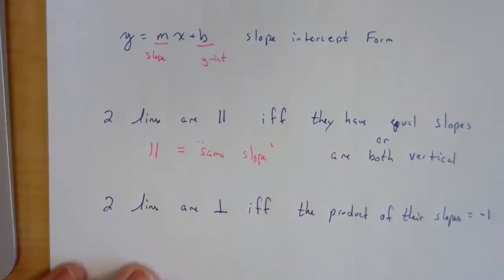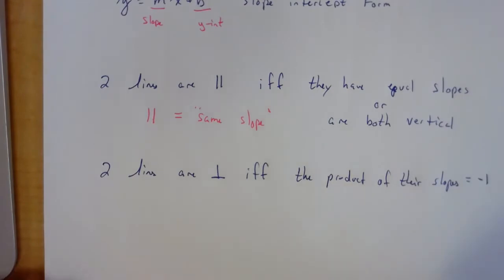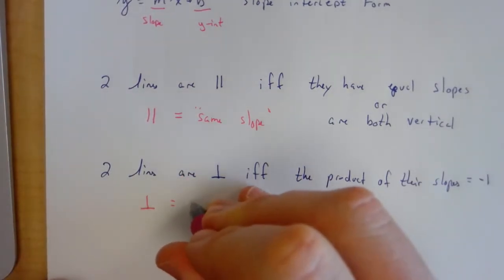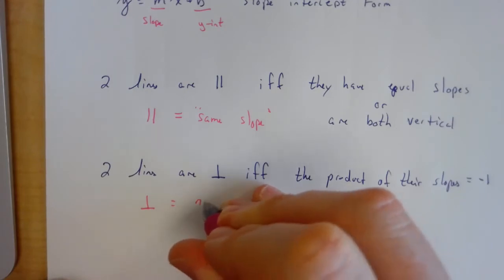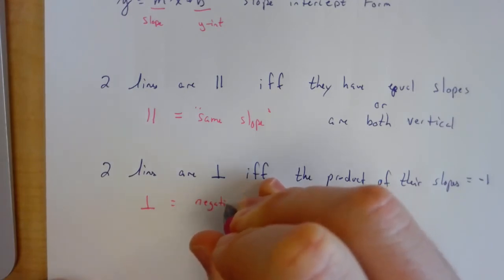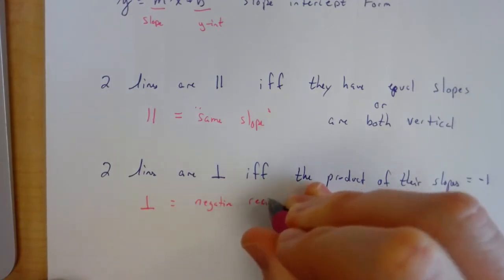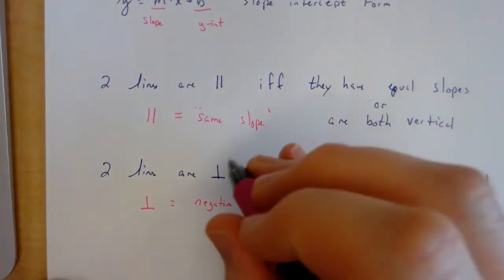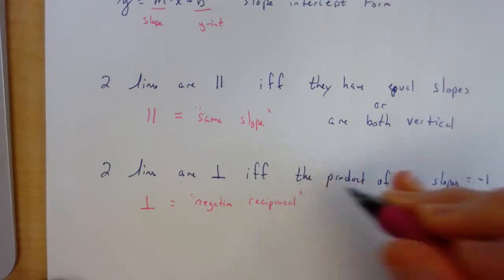Okay? Now this makes sense, right? So here, when we think of this perpendicular, we want to think of the negative reciprocal. When we see perpendicular, we should think negative reciprocal.